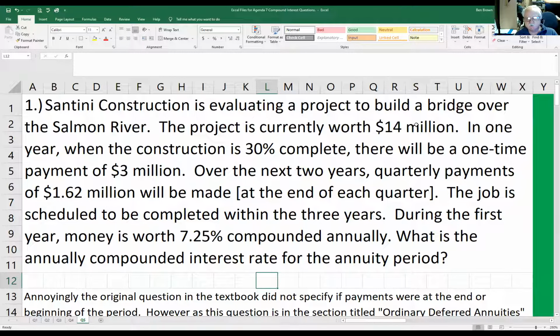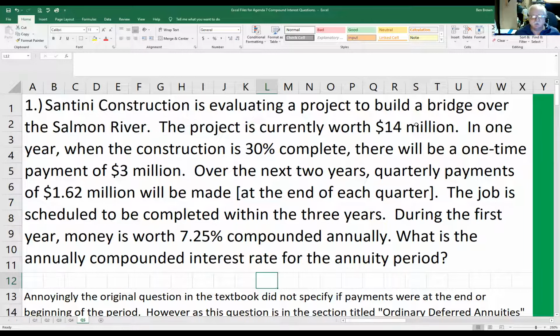Over the next 2 years, quarterly payments of $1.62 million will be made. And I've put in brackets here at the end of each quarter. I don't know how they expected you to know that it was at the end and not the beginning, but it's at the end.